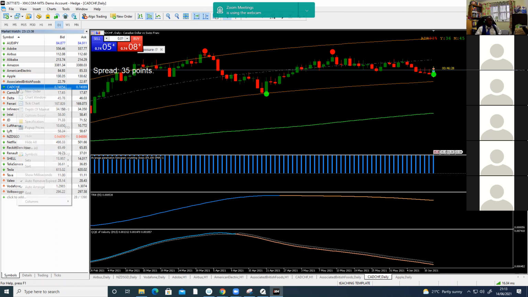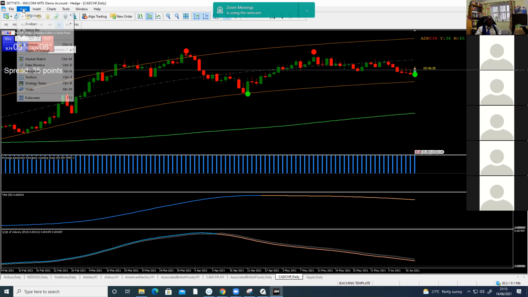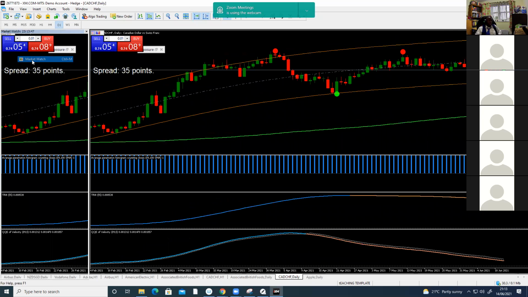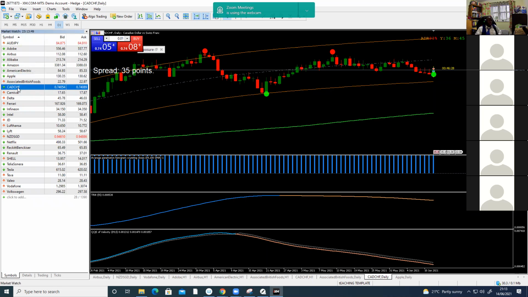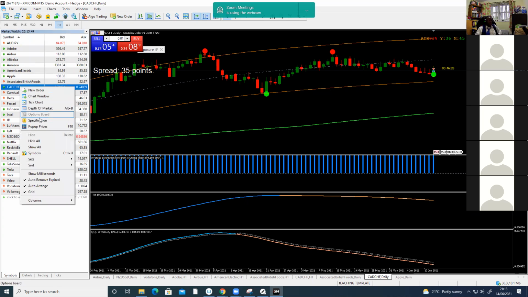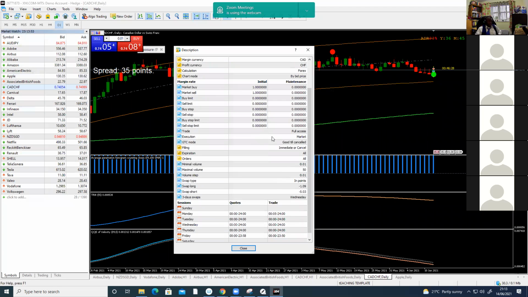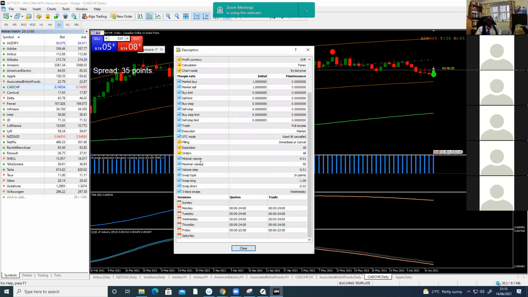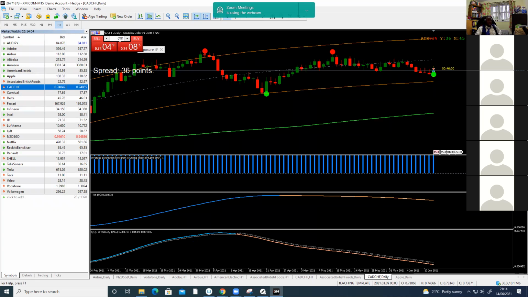We go to View, Market Watch, right click on CatChaf, go to Specification, and scroll down. It's going to tell us the minimum trade volume, which is 0.01. We're always going to be using the minimum until you get enough experience. When we say minimum, that's the volume there.